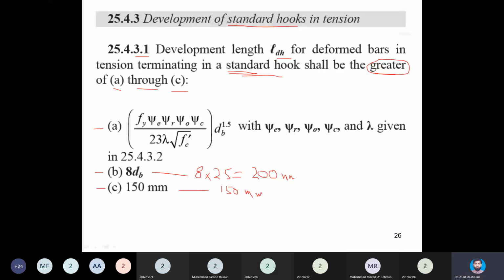Then comes the first design equation. Look at the general formulation, Fy in the numerator. Die of bar is also in the numerator, along with the exponent 1.5.